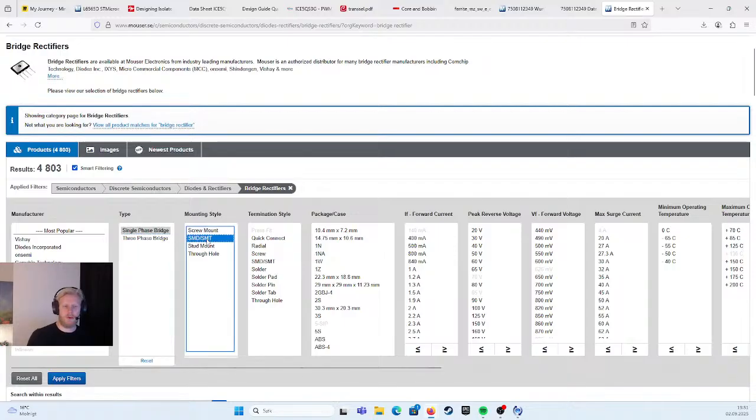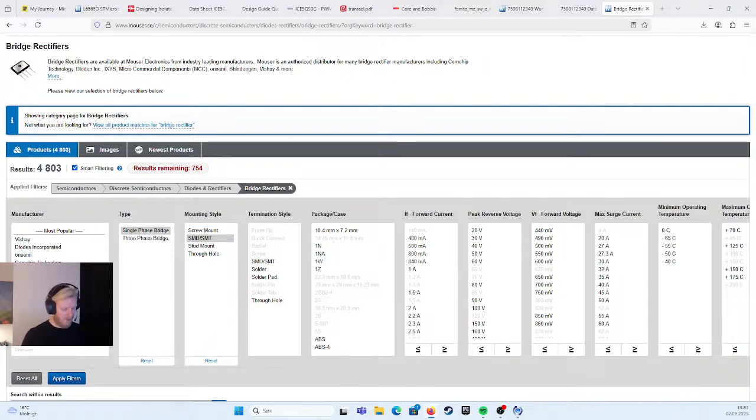Let's just leave this open, or maybe just through hole, SMD. How do these even look like? Bridge rectifier, single phase.